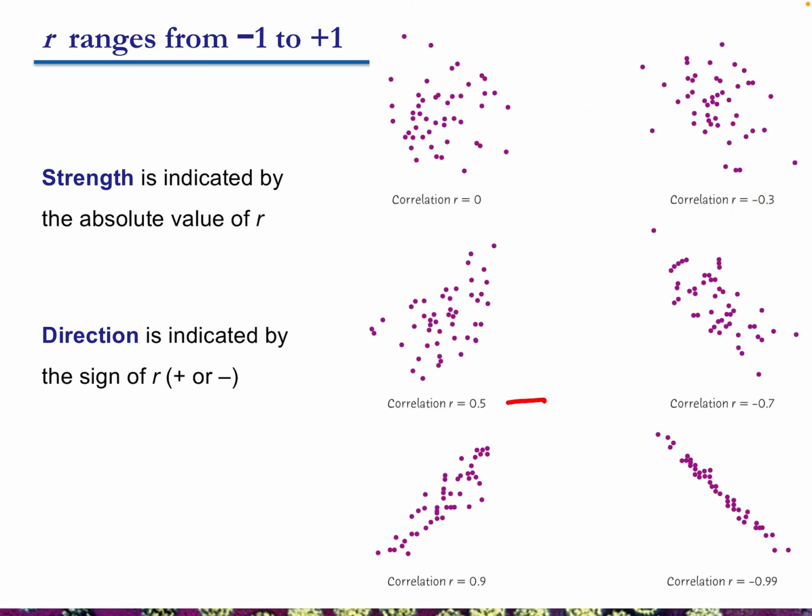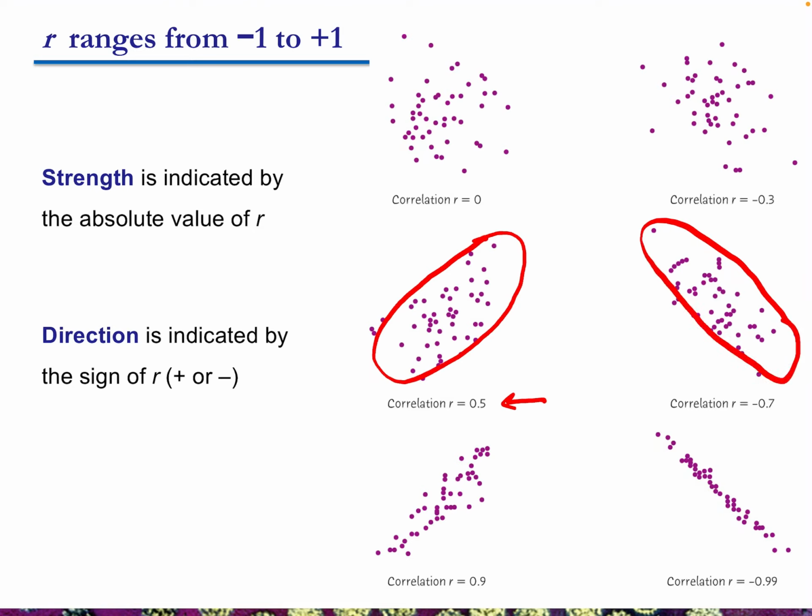Here, for this one, we have 0.5. So you can see we have a fairly obvious positive relationship, and you see it's a positive sign there, but it's fairly weak, 0.5. Here, we have a stronger relationship. It's more narrow than the previous example, but it's clearly negative. Here we have a very strong relationship.